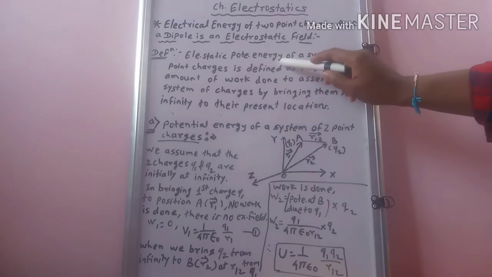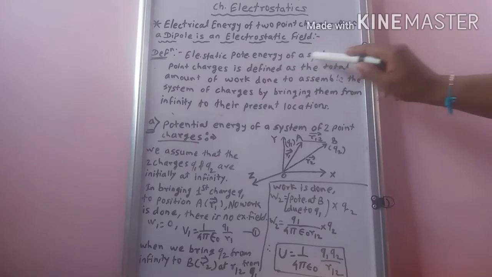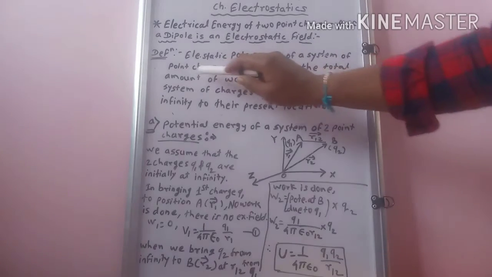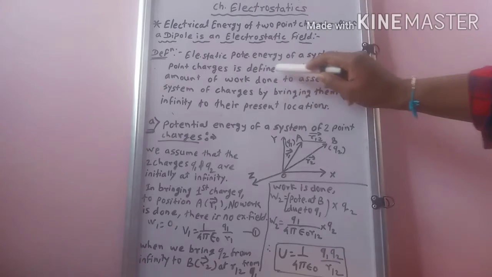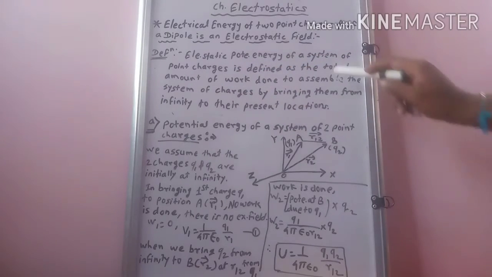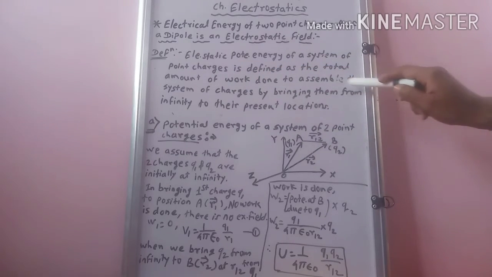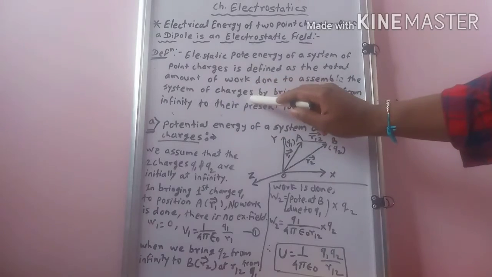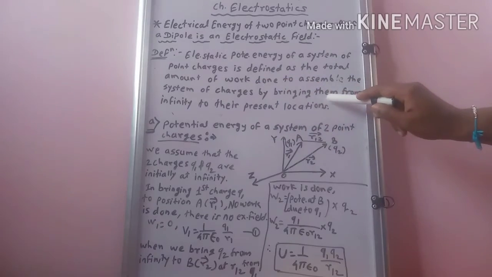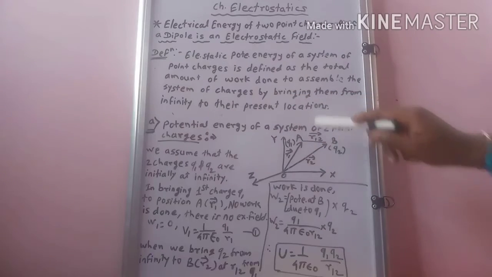Electrostatic potential energy of a system of point charges is defined as the total amount of work done to assemble the system of charges by bringing them from infinity to their present location.